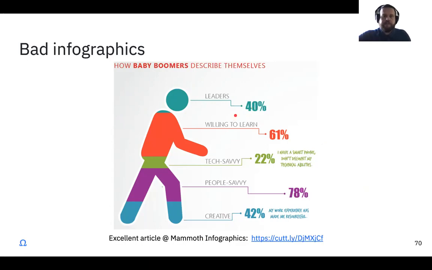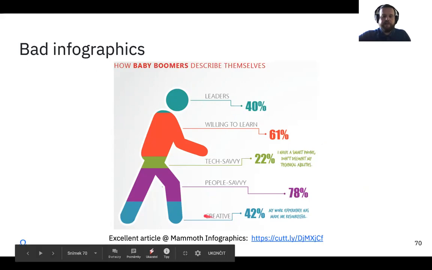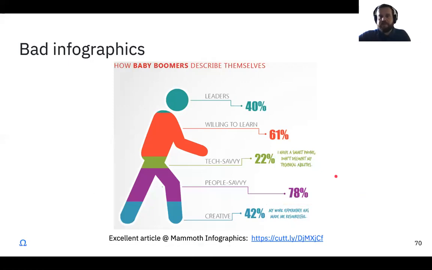It's completely ridiculous. Why are individual parts correlated to various parts of the body? So you being creative is apparently in your feet, and so forth. So lots of those bad infographics that don't really make much sense, honestly.